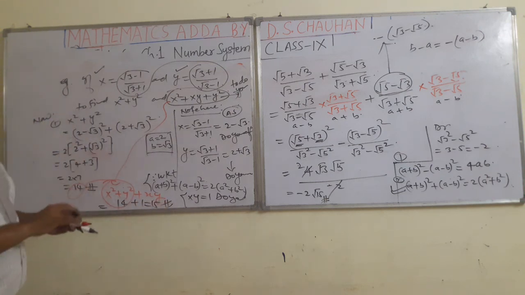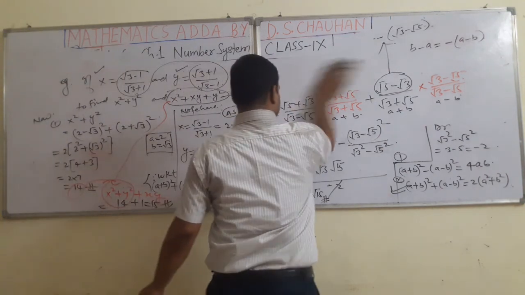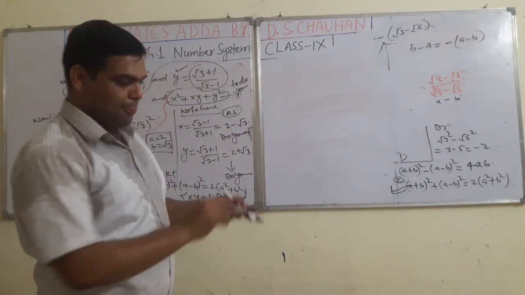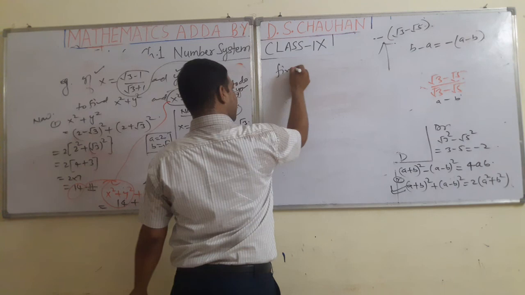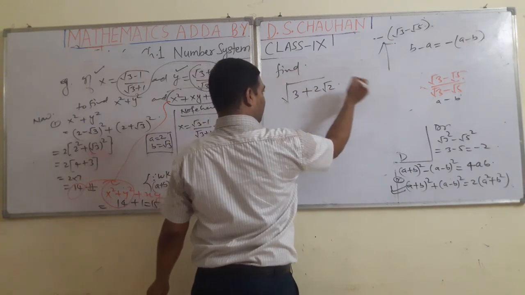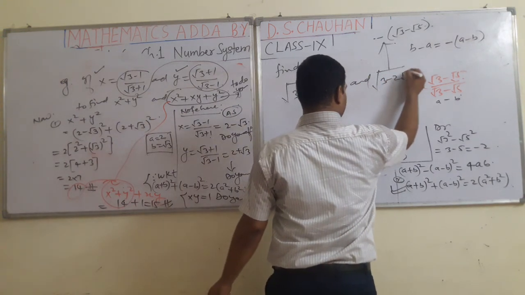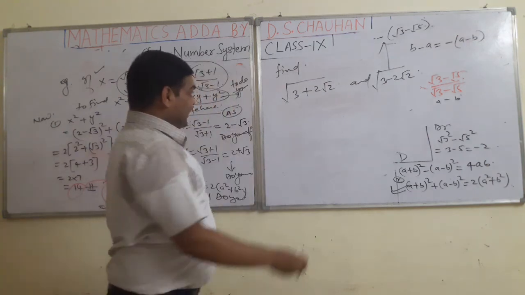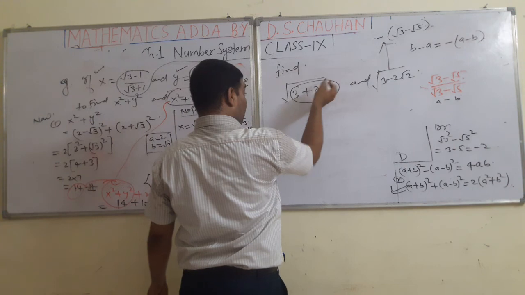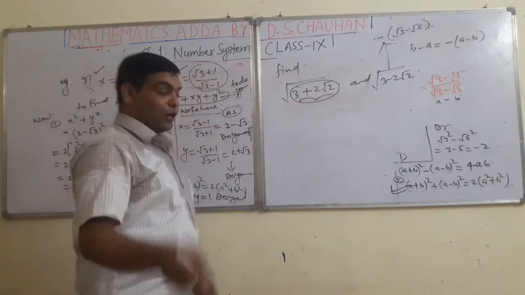And the final and last question, which is very important for competitive exam students, I am telling you. Find the value of the square root of 3 plus 2 root 2. This number, 3 plus 2 root 2, is given here and we have to find its square root.